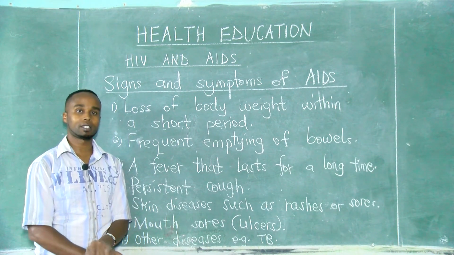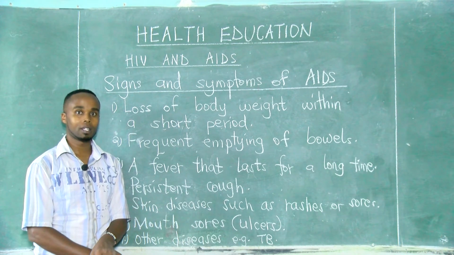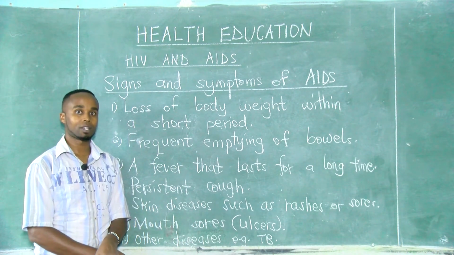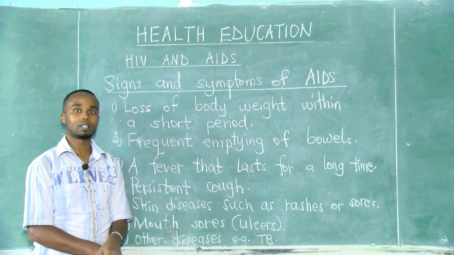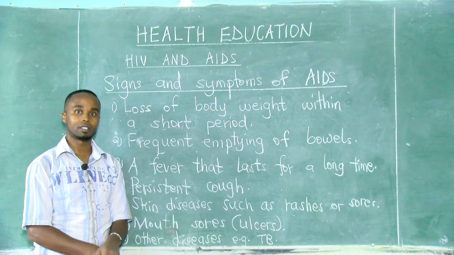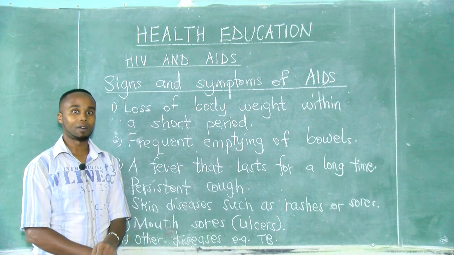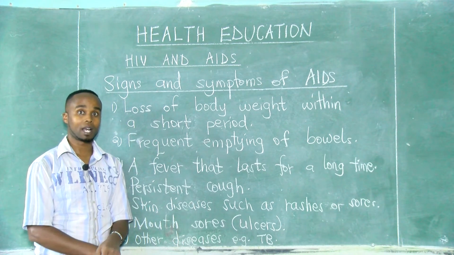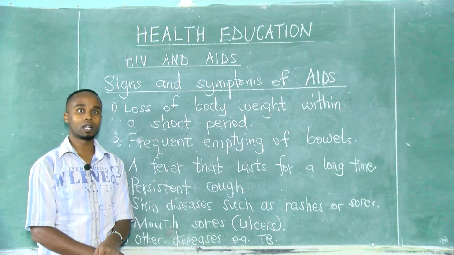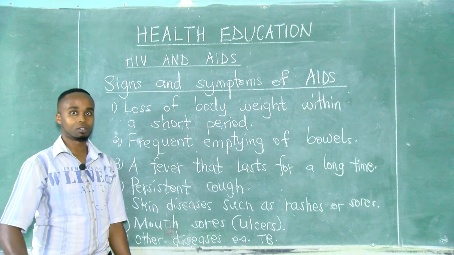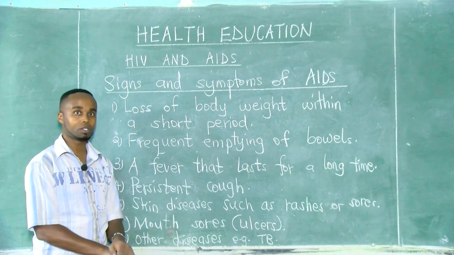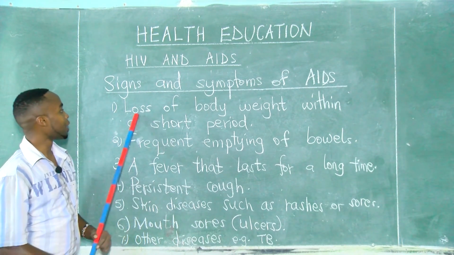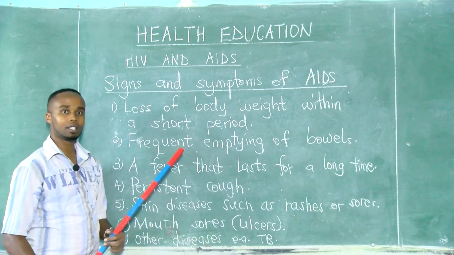Then the third stage is known as the symptomatic stage. In that stage, there are some signs of HIV and AIDS that are visible. And once these signs start appearing, that is when we say that the person has developed AIDS. So some of those signs and symptoms are loss of body weight.